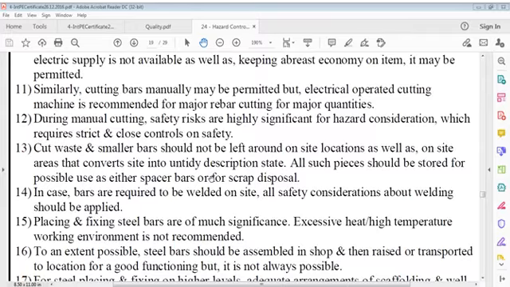In case bars are required to be welded on site, all safety considerations about welding should be taken.